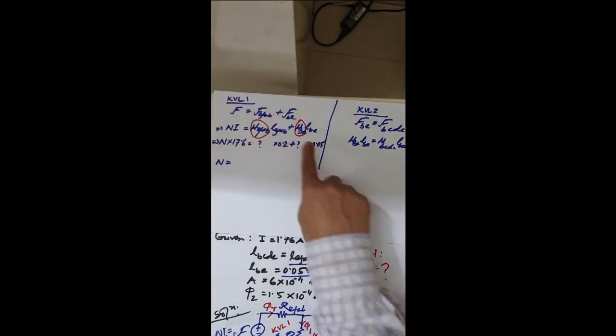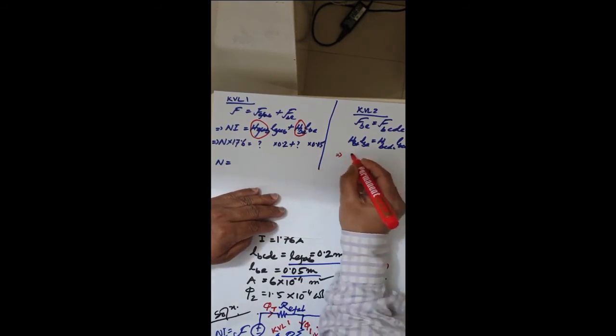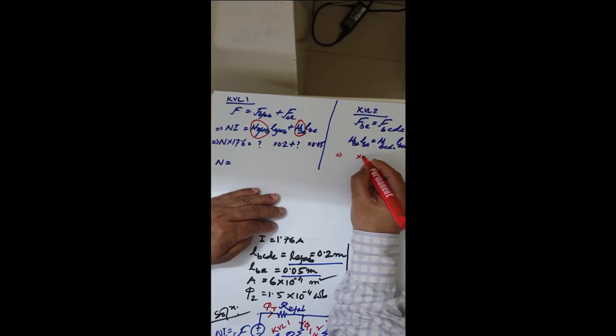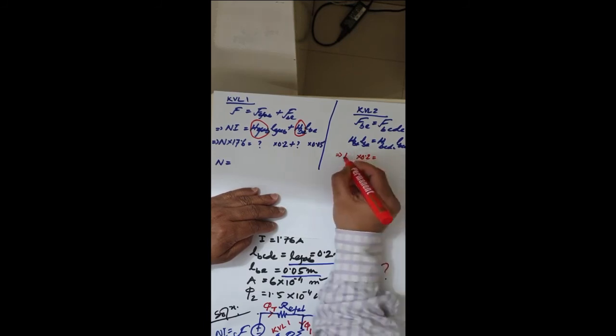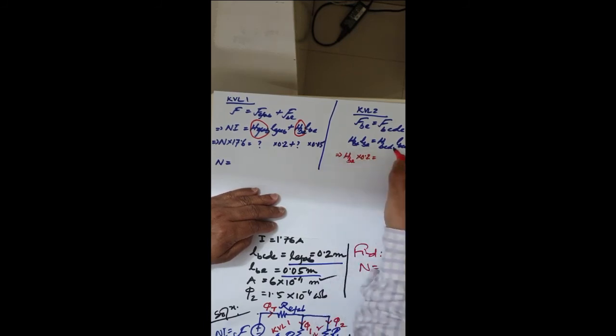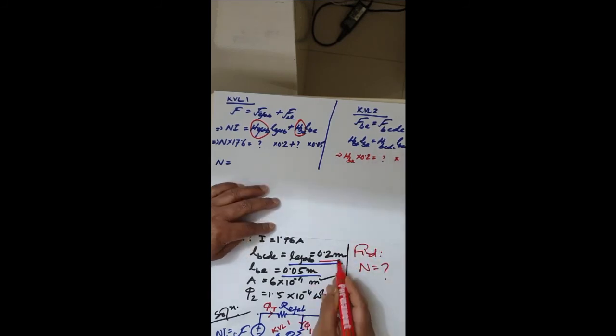In order to find these things, we have to jump to that, and here we can see the values given. H_BE we don't know, but L_BE is 0.2, and this L_BCDE is 0.2, so we are going to put 0.2 here.